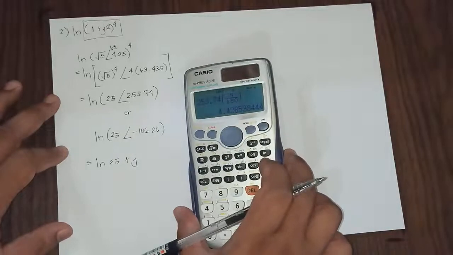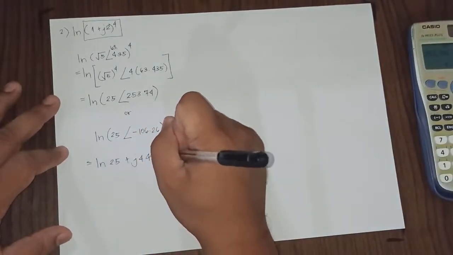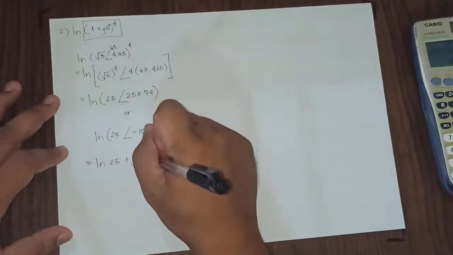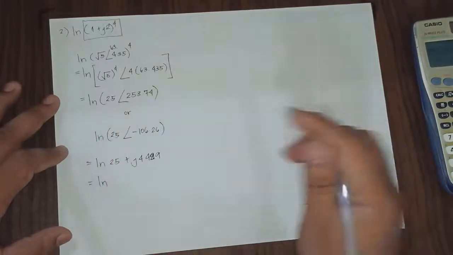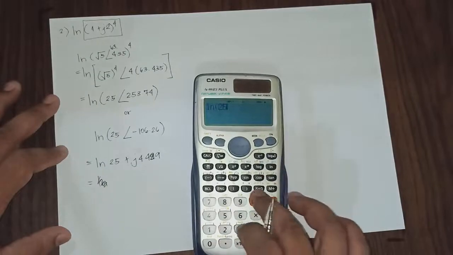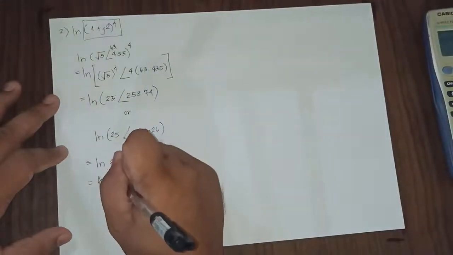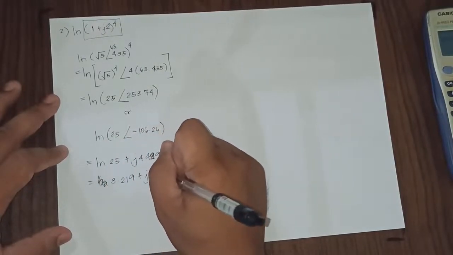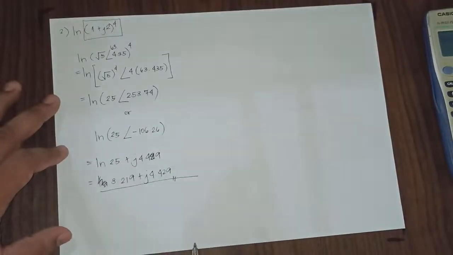That is 4.429. And that is ln of 25, 3.219, plus j of 4.429. Okay? Yan yung kanyang final answer, no?